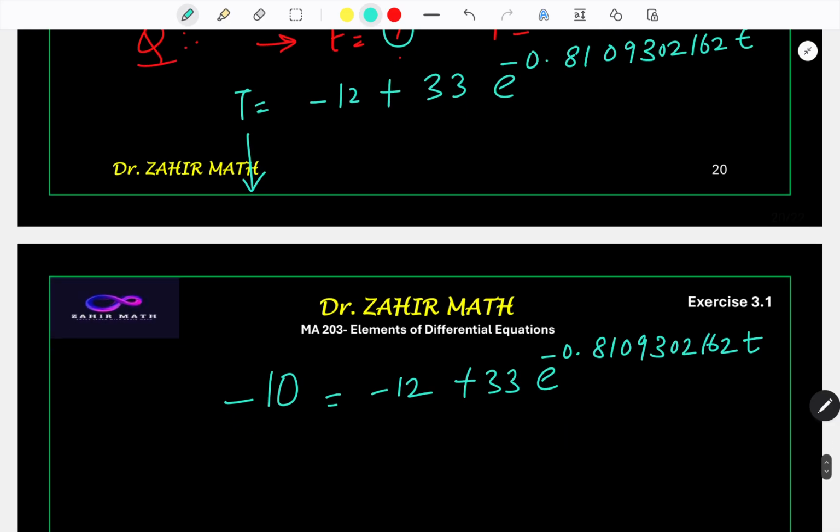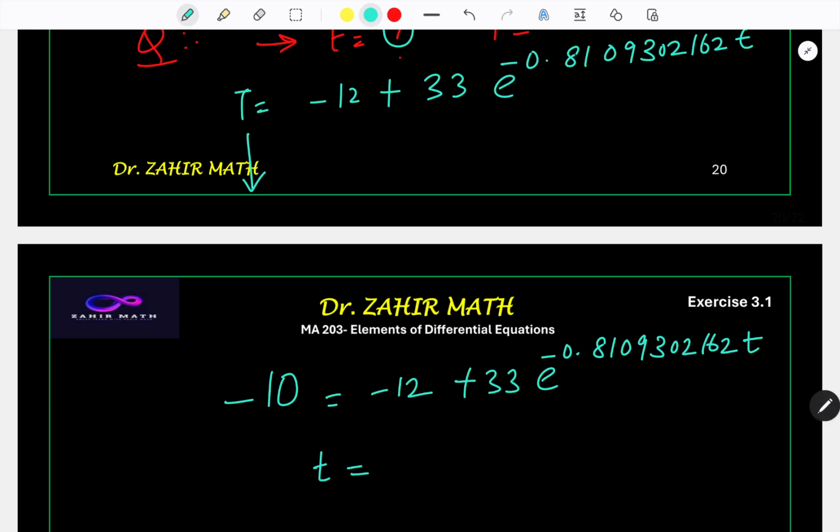Minus 10 alpha equals minus 12 plus 33 alpha e power minus 0.8109302162 bracket open alpha x bracket close, shift calc equal.